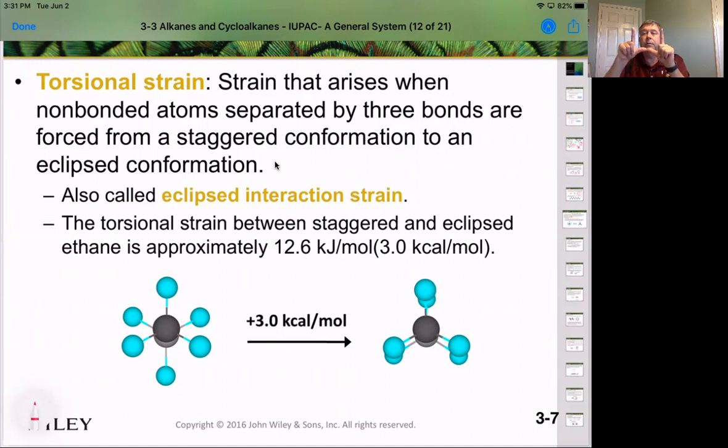And then as you get them to the eclipsed stage, they start to push apart. This is called the torsional strain or eclipsed interaction strain. It takes a little bit of energy, about 3 kcal per mole, which means in the staggered position, it takes less energy, and then you have to add heat to get it to the eclipsed position.